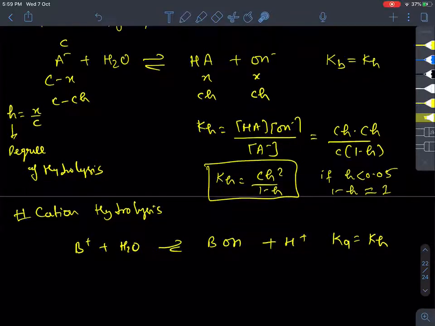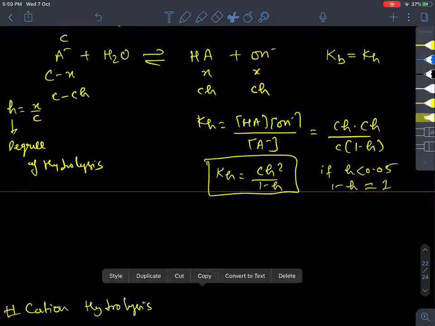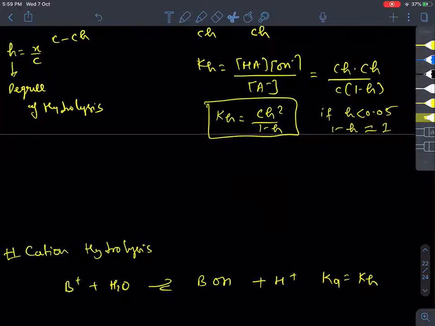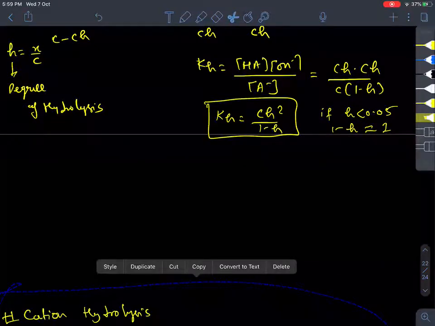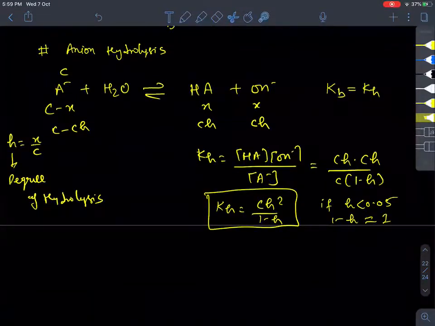And now another interesting thing about this is, sometimes they will not give you the value of Kh directly or Kb directly. Then what you are supposed to do in that case? Rather, what will they give? They will not give the value of Kb for A minus or the hydrolysis constant.